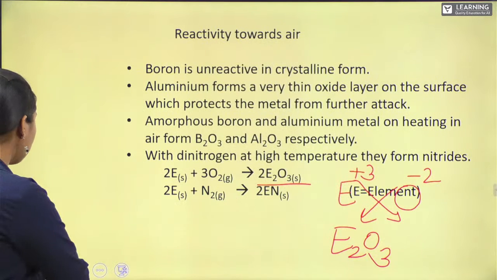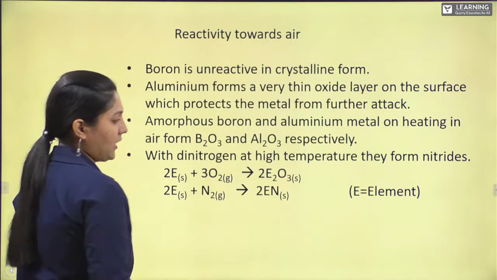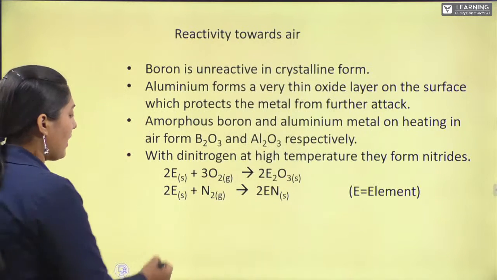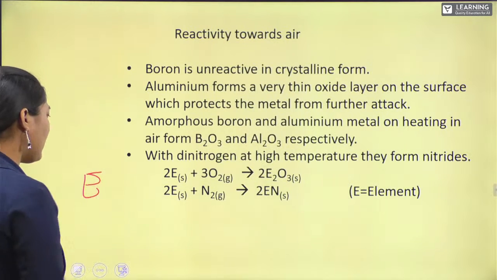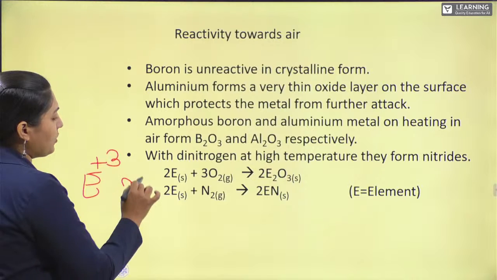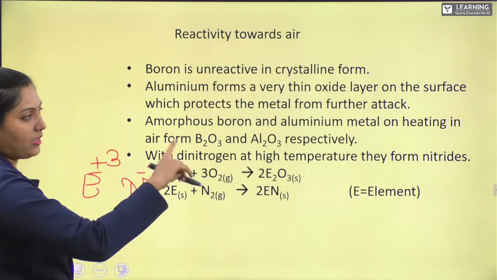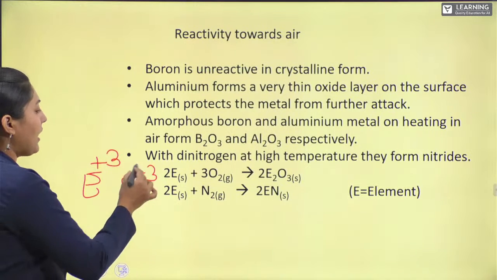And when this reacts with nitrogen, we form EN. Why does it form EN? As we said, E has a +3 state, and nitride, IDE, will have -3.